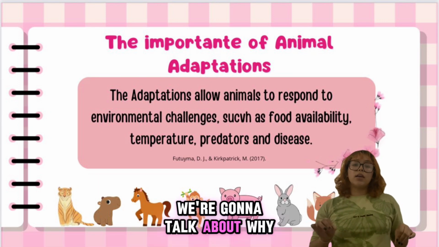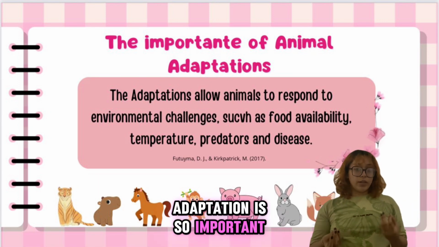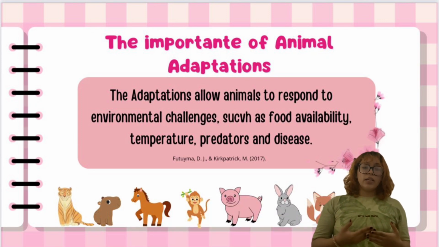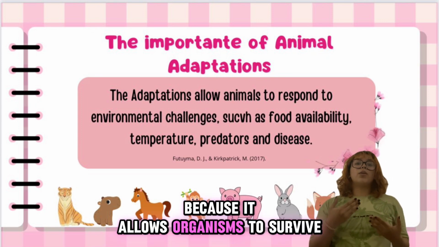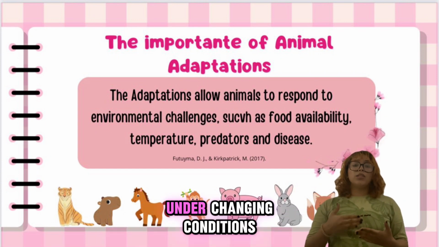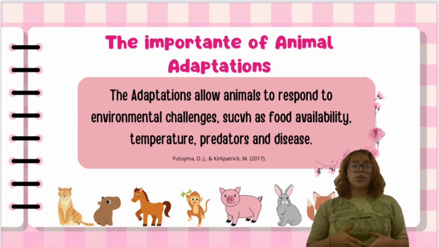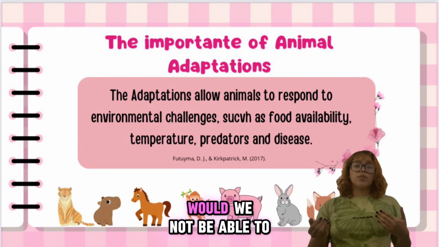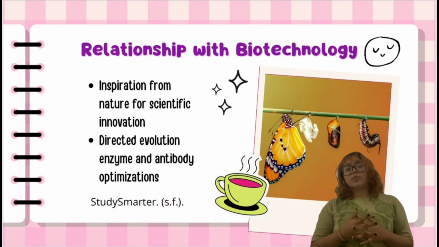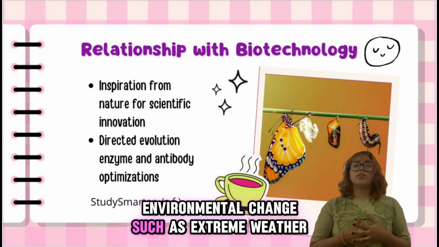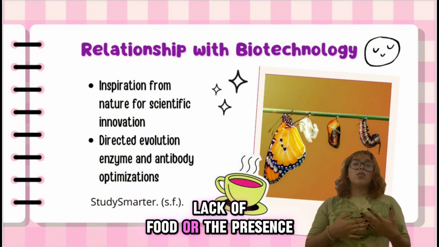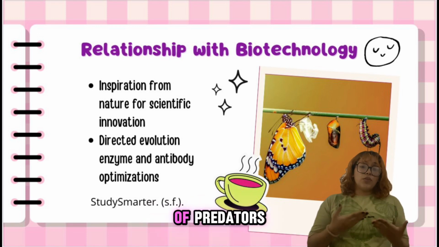Now we're going to talk about why adaptation is so important in animals. Adaptation is key because it allows organisms to survive and reproduce under changing conditions. Without it, many species would not be able to face environmental change such as extreme weather, lack of food, or the presence of predators.